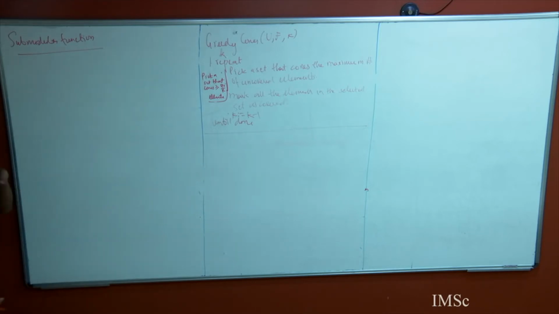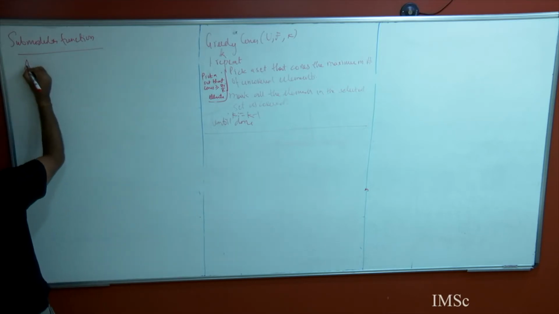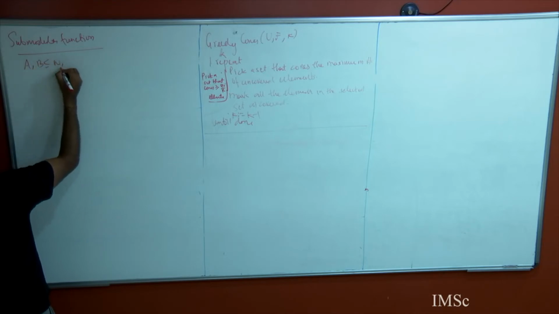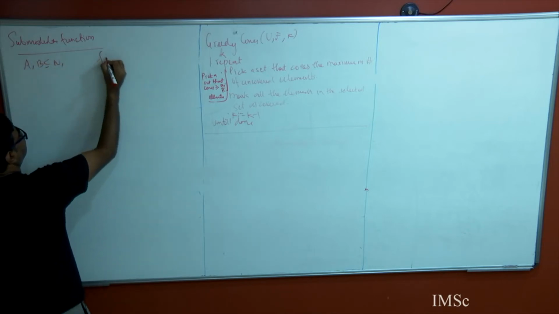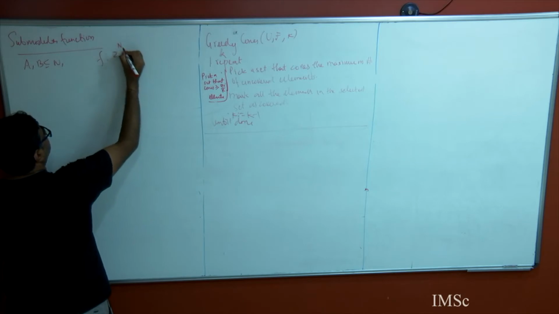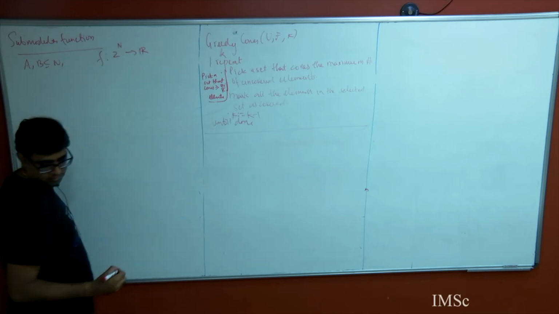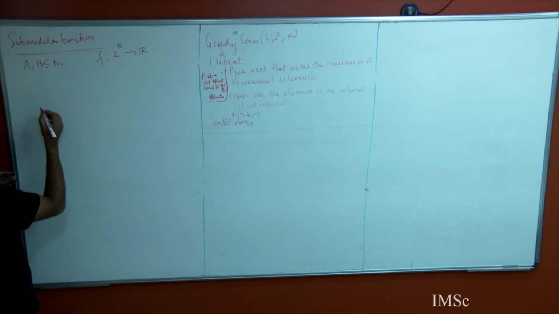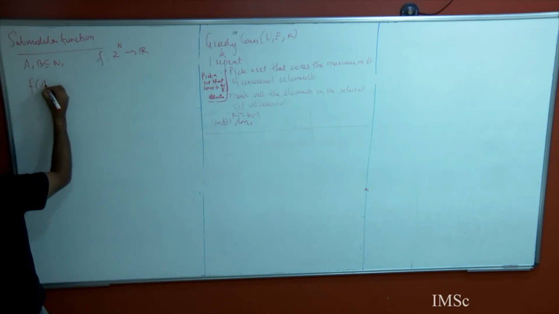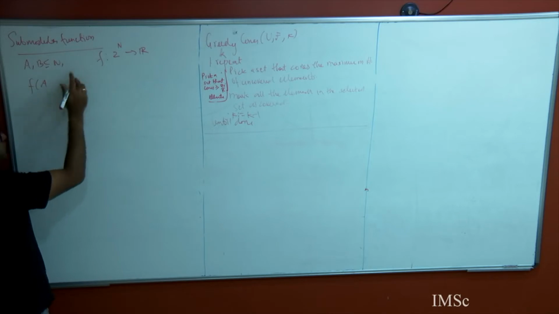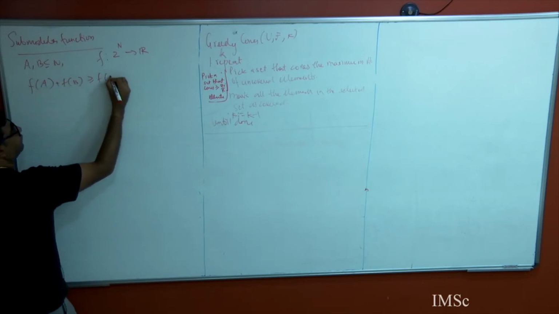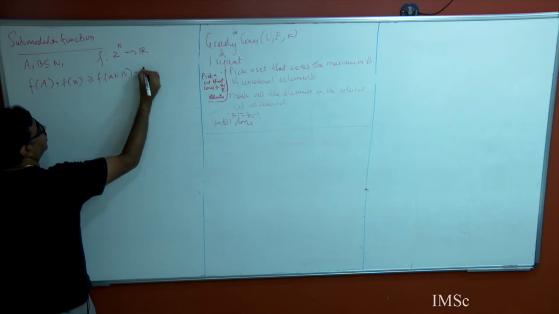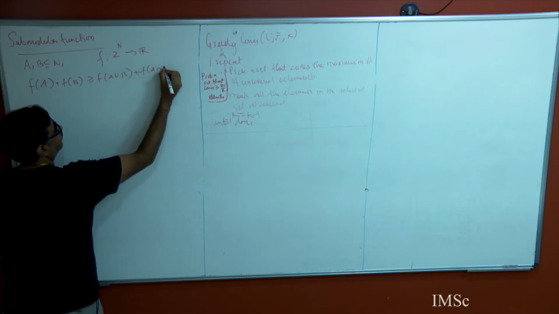So basically, suppose I have a, b, some subsets of n, and I have a function from 2 to the power n to the reals, for example. Then what the submodularity definition tells us is that for any a, b subsets of n, f of a plus f of b is at least f of a union b plus f of a intersection b.